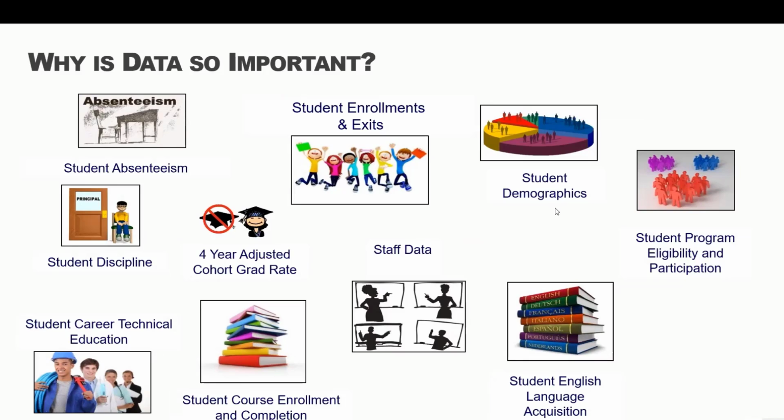Then you've got student demographics, student English language acquisition, even staff; all of that is reported to CalPADS. And from your local system, from your local school, from the desk where that child is sitting, you're responsible for that. That's why it's important. You're responsible for that one kid.